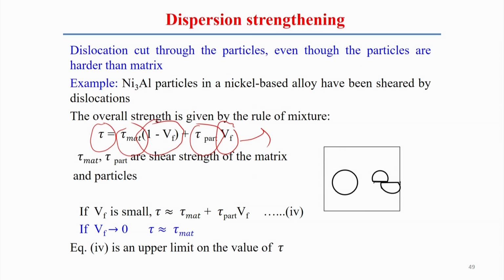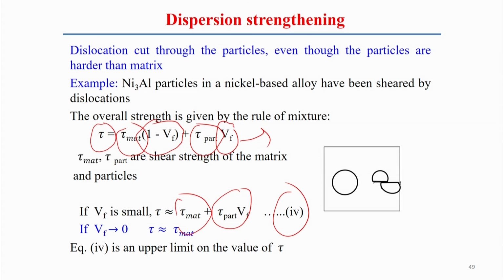If Vf is small, then 1 minus Vf tends to 1, and the overall strength consists of the strength part from the matrix and the strength part from the particle. By combining these, we get the strength level represented by equation 4.